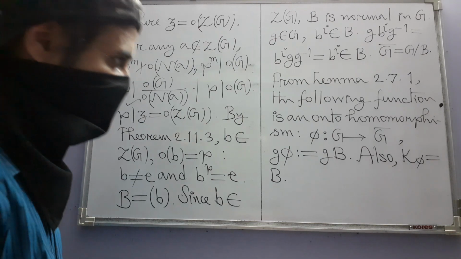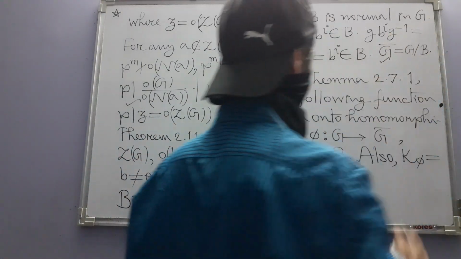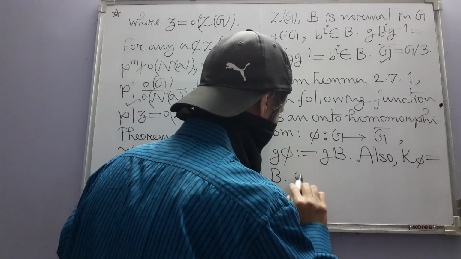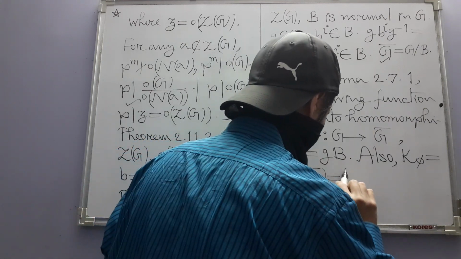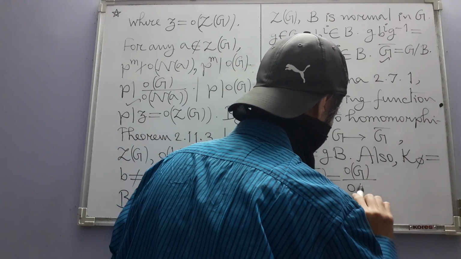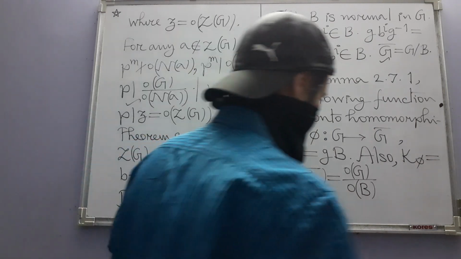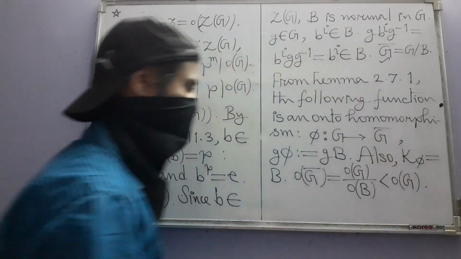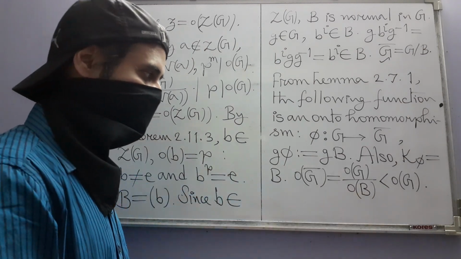Let us first look at the order of the quotient group. The order of the quotient group we know is equal to the order of G divided by the order of B. And this is less than the order of G, since for that to happen, the order of B has to be greater than 1.